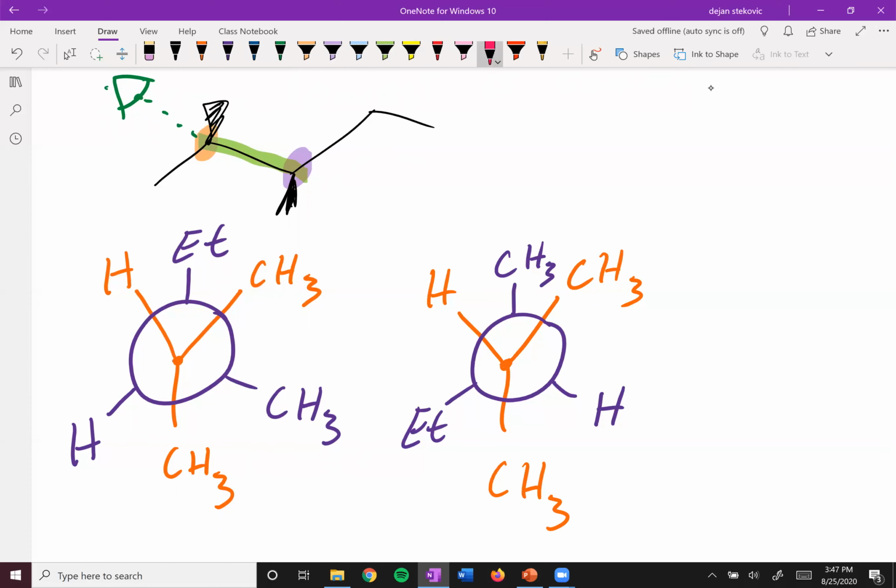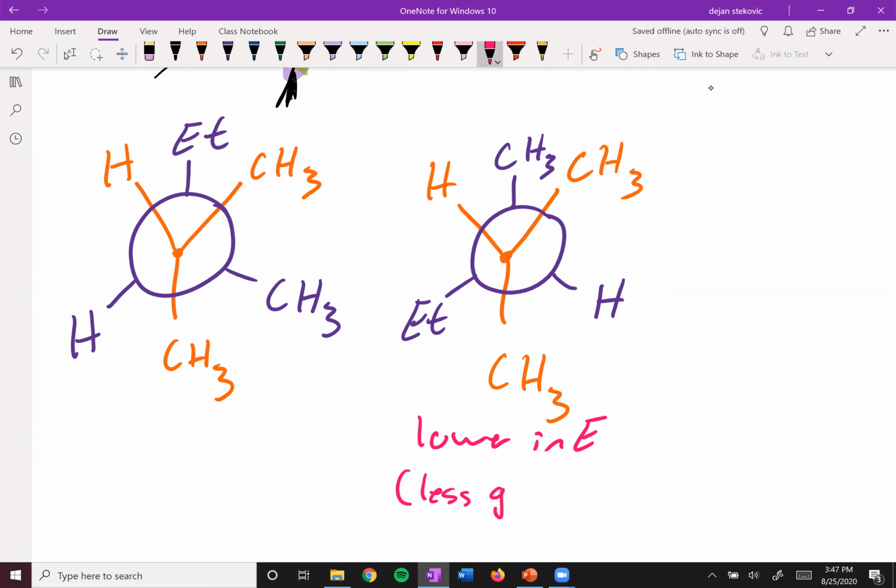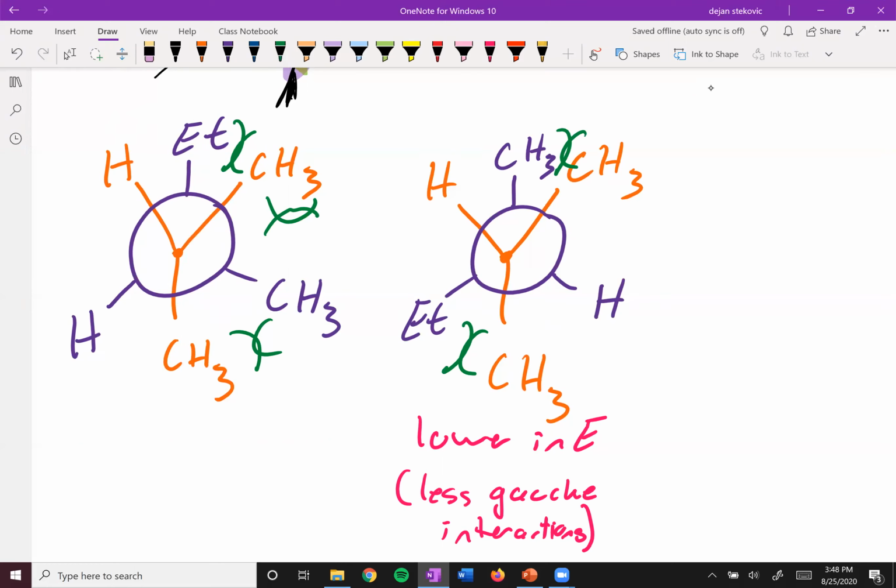And so this one on the right is actually lower in energy because there are fewer gauche interactions. If you think about the gauche interactions, there's one over here, 1, 2, 3 gauche interactions, whereas this one over here only has 1, 2 gauche interactions. So we've lessened it by one gauche interaction.